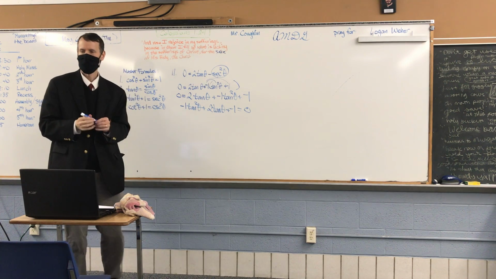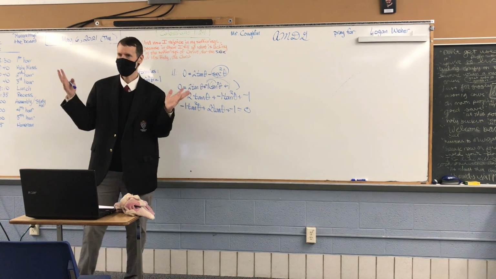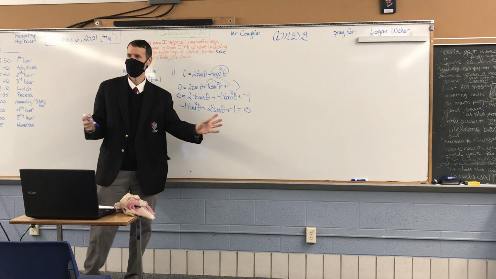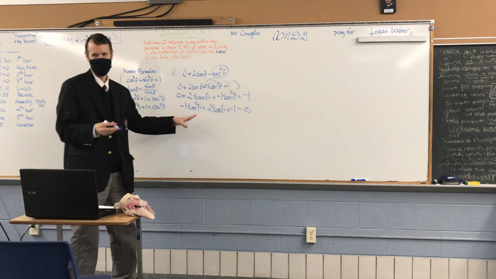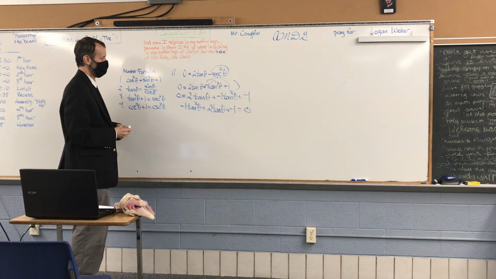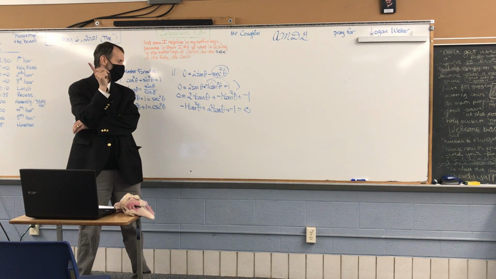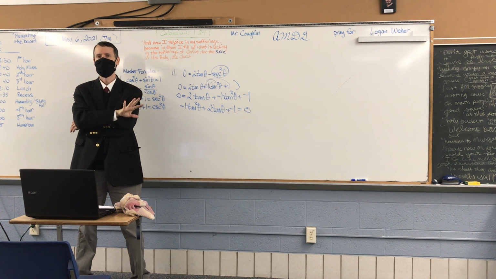Is everybody still with me? All right. Does everybody see we at least have tangent, tangent, tangent all the way through? In other words, we don't have a bunch of different functions. They're all the same. We should be able to factor this thing. What's the first type of factoring you always try? GCF.